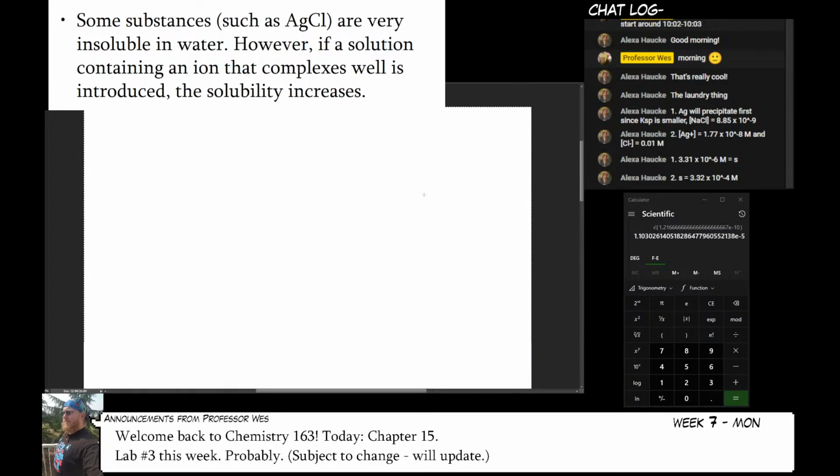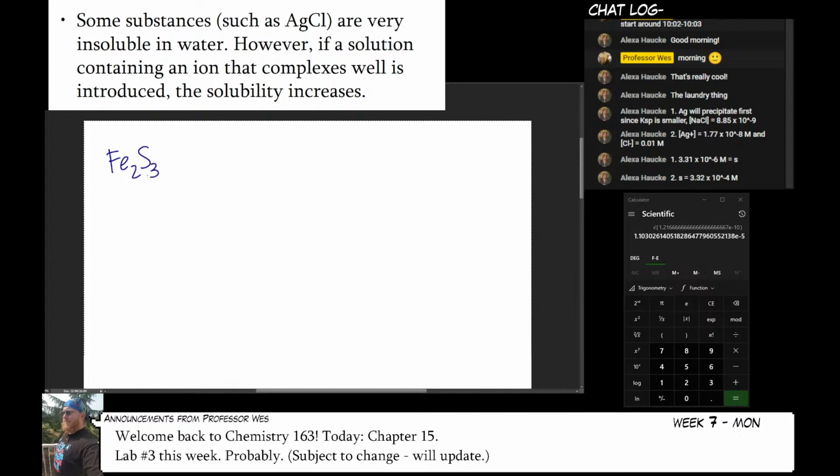So let's suppose that I have something that's really insoluble. I'm going to just pick this. I hope that this is insoluble. Let me go look it up, because I sure don't know. It's not listed in my table, so let me pick something that is listed here.